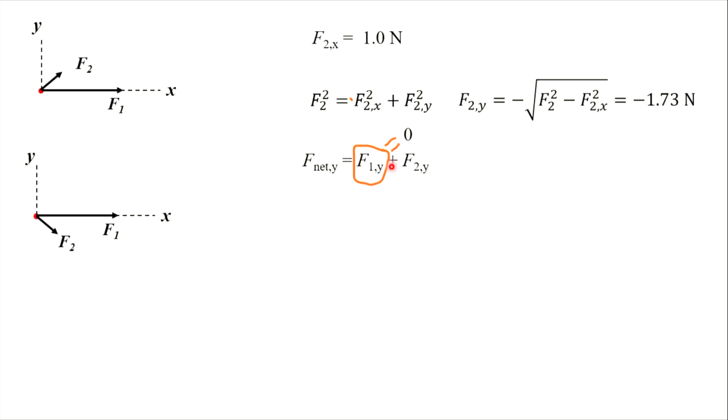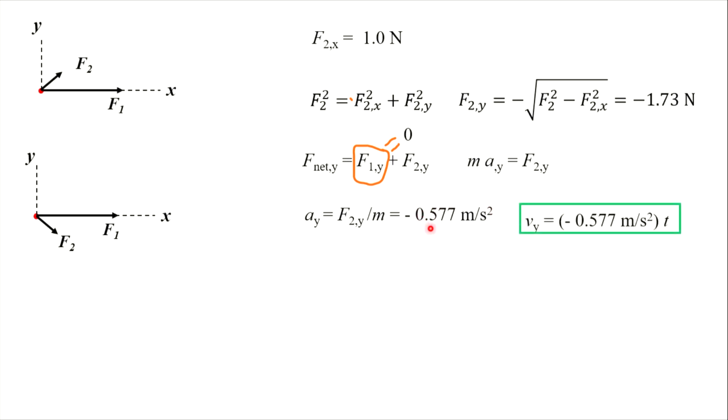This is equal to F2y, and the y-component of the net force is just May. So we can find Ay from this equation, equal to negative 0.577 meters per second squared. The magnitude of this acceleration is the same as in the previous case, but the sign is negative.